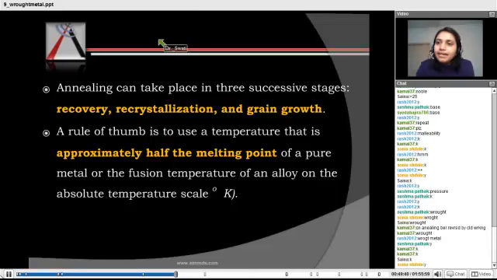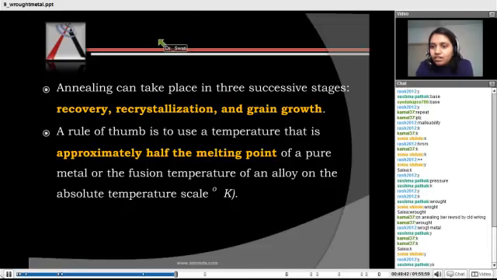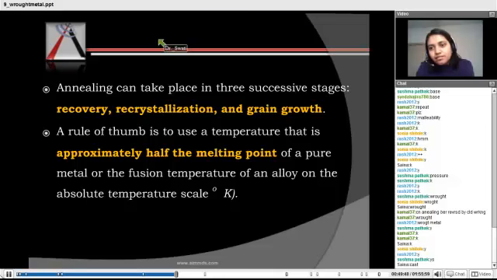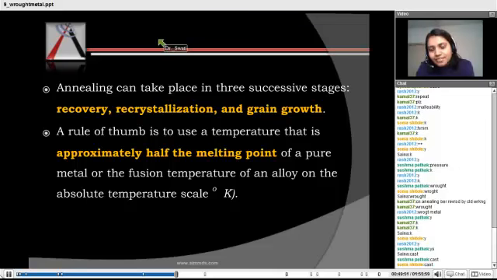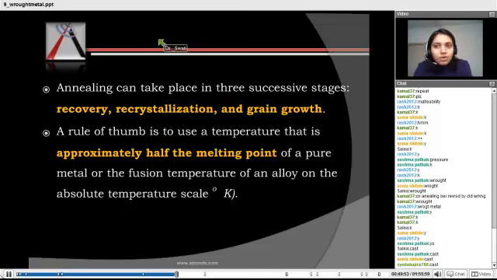Which is more ductile, wrought metal or cast metal? Which is more ductile, wrought metal or cast metal? Yes, you guys got it perfectly right.